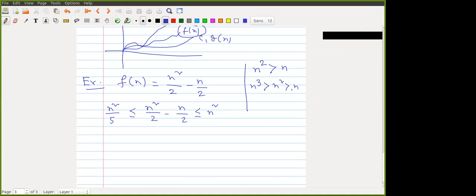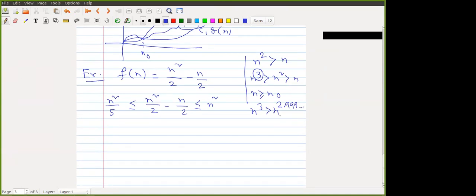As long as I can increase the power on n, after a certain threshold, which we call n naught, n cube will always dominate other functions whose power is smaller than 3. So once n is greater than or equal to some n naught, n cube is always greater than something like n to the power 2.99999.